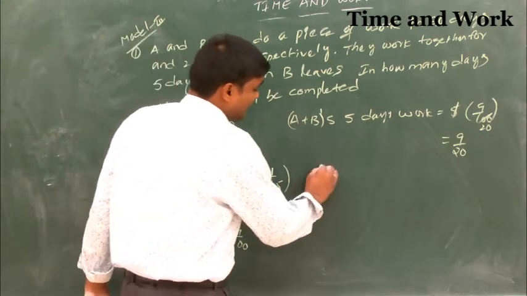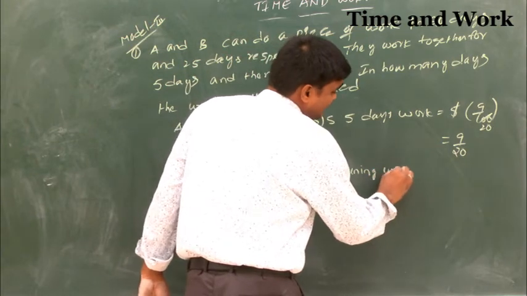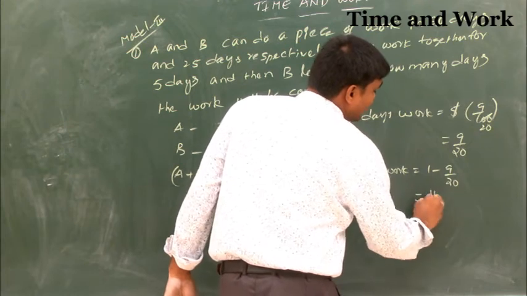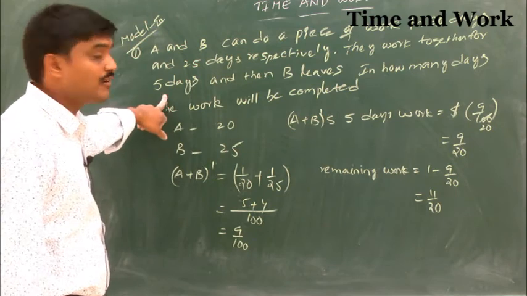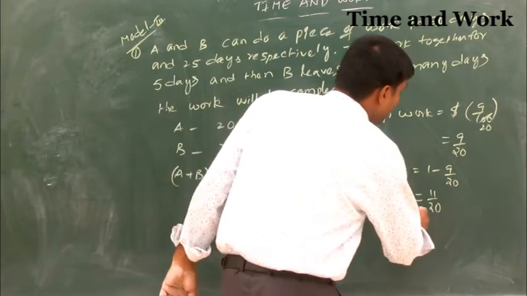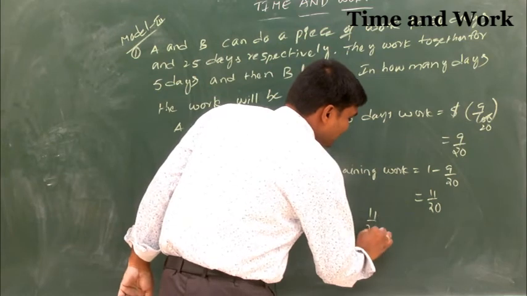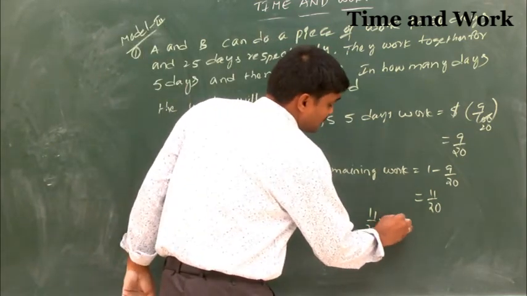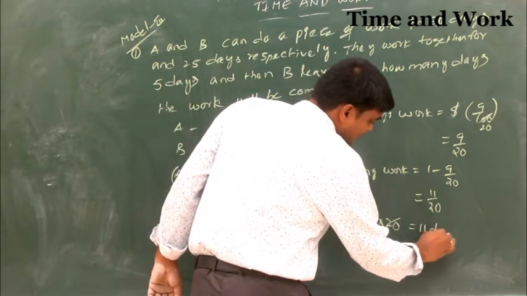So the remaining work is 1 minus 9 by 20, that is 11 by 20. They work together for 5 days, then B leaves. So who will do the rest? A will do. 11 by 20 into A's capacity of 20 days, so the remaining work will be completed in 11 days.